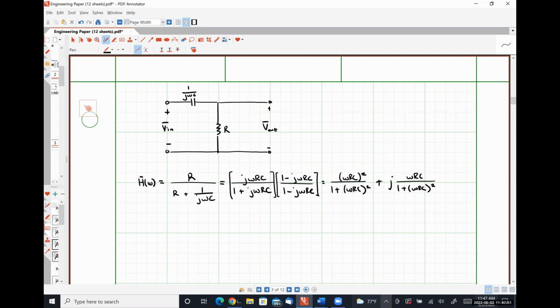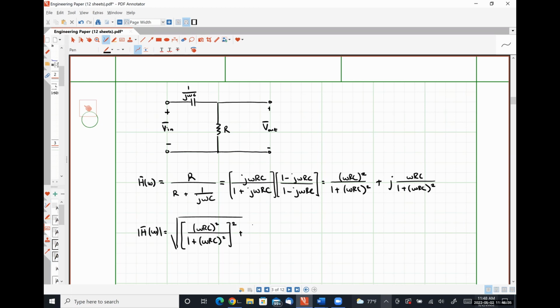All right. So now we are going to take the square root of the real part squared plus the imaginary part squared to get our magnitude. So this is going to be omega RC quantity squared over 1 plus omega RC quantity squared.